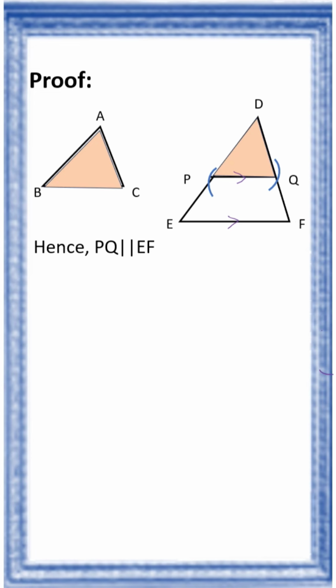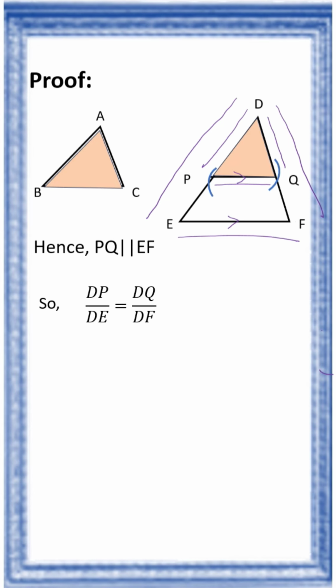BPT can also be like this: DP by DE is equal to DQ by DF is equal to PQ by EF.